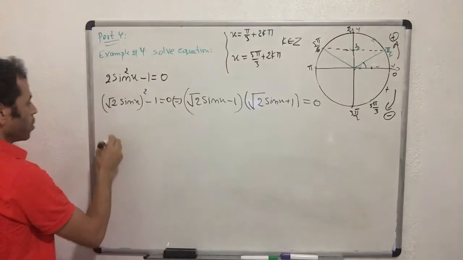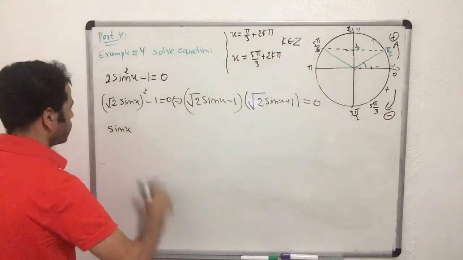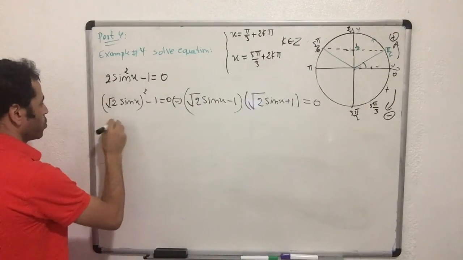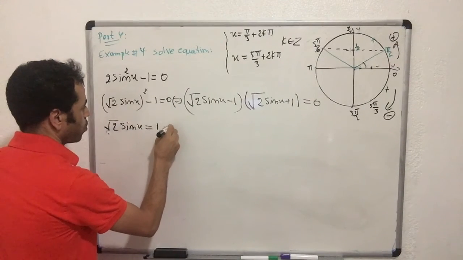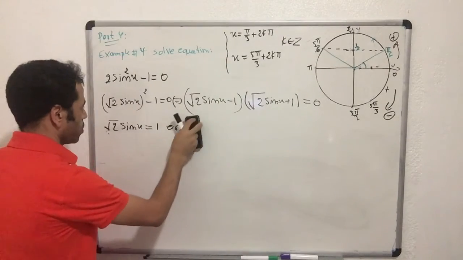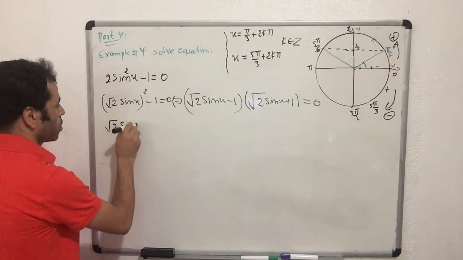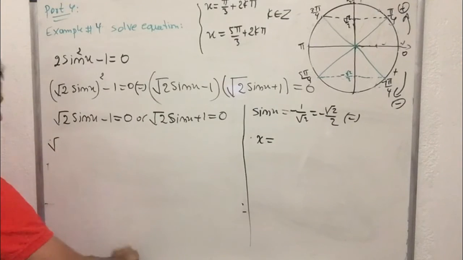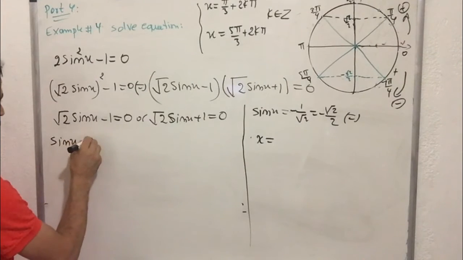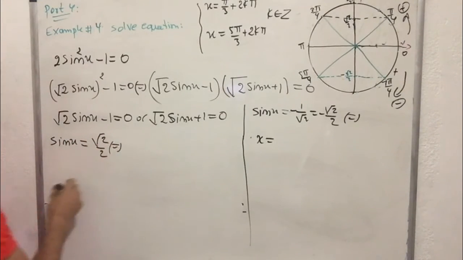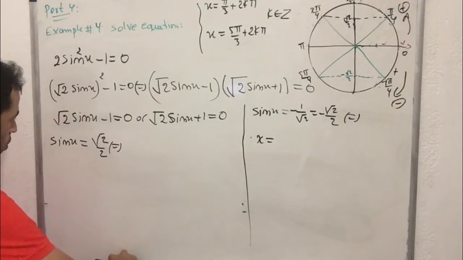So that means square root of sine x equal to 1, or square root of sine x plus 1 equal to 0. Let's move on to the solution now. I have sine x equal to square root over 2, equivalent. I have two solutions.